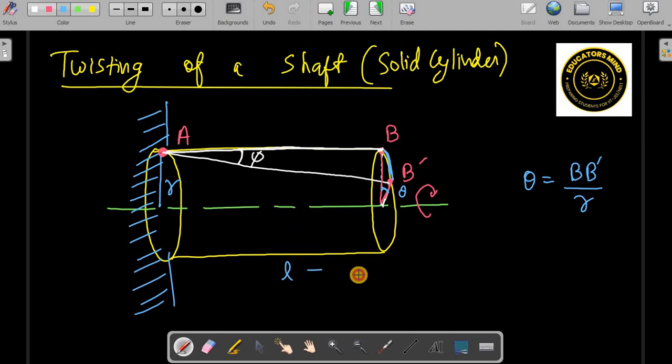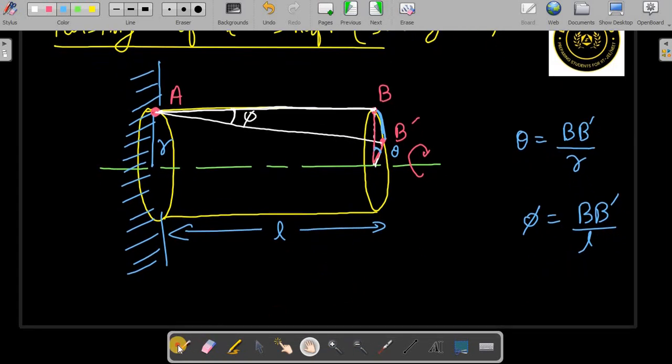And this phi angle in radian is also the arc length BB dash divided by the length L. So you can take the ratios, and this angle phi is the angle of twist.